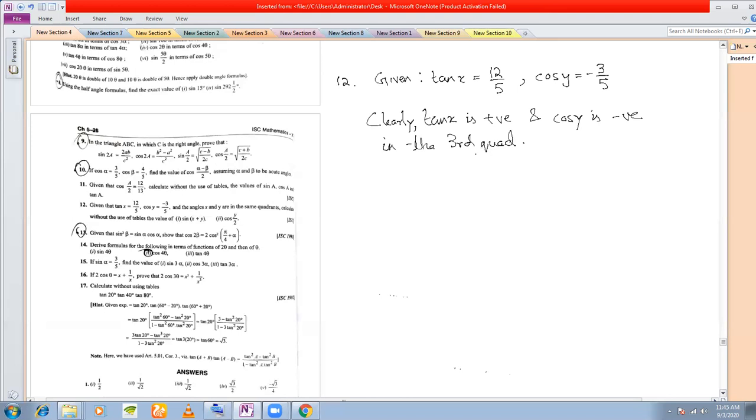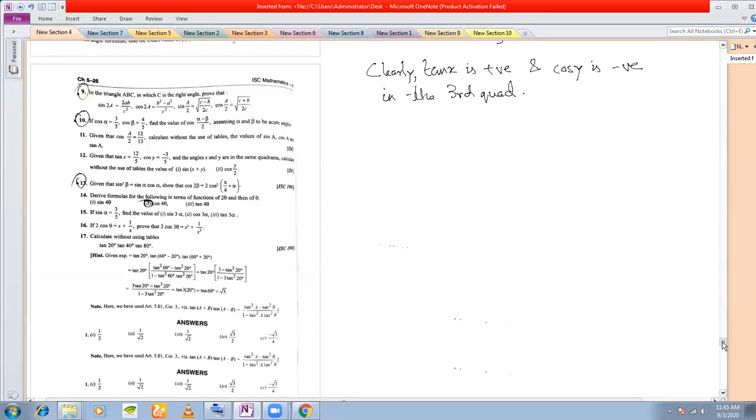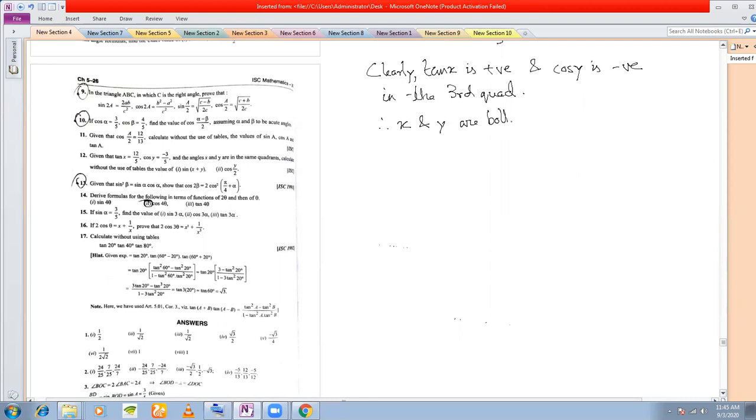Whatever angle is there, it is in the third quadrant. Therefore we need to find the value of sin(x + y). So x and y are both in the third quadrant.